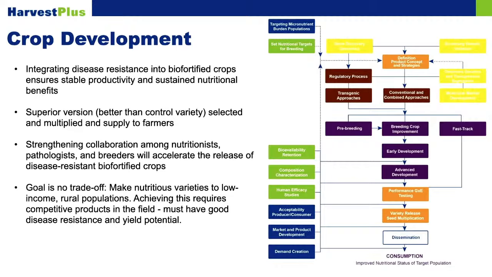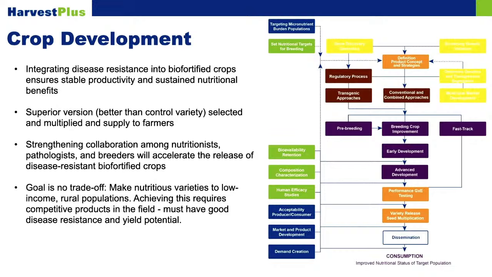In the same way, we include as many disciplines as possible, not only pathologists, entomologists or statisticians. We also include policymakers, socioeconomists and nutritionists. Those champions decide what to breed and what not to breed, because the breeding of the product is for the consumer, not just for farmers.